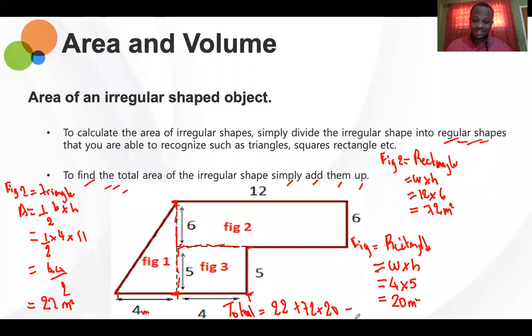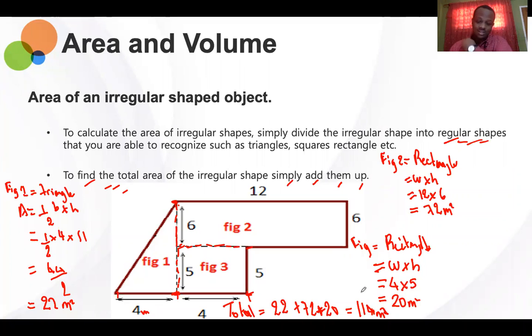And we said that the answer is 114. 114 what? Meters squared. 114 meters squared. Right. So that's it for today.